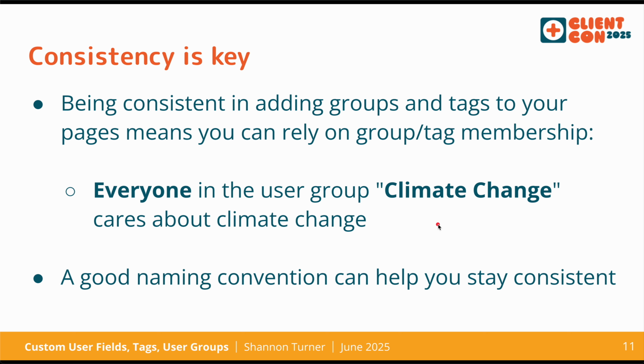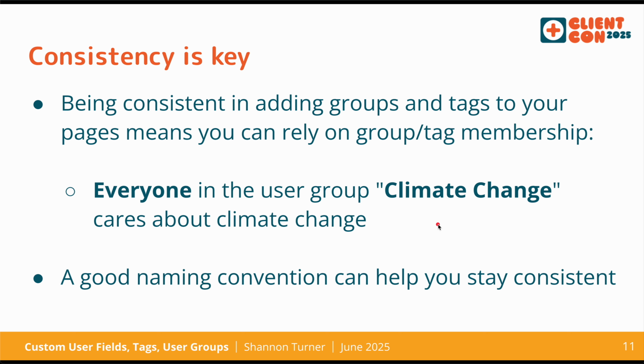So I like to say everyone who is in the user group climate change should care about climate change. And if you care about climate change and you don't have that user group, well, you should get that user group, right?